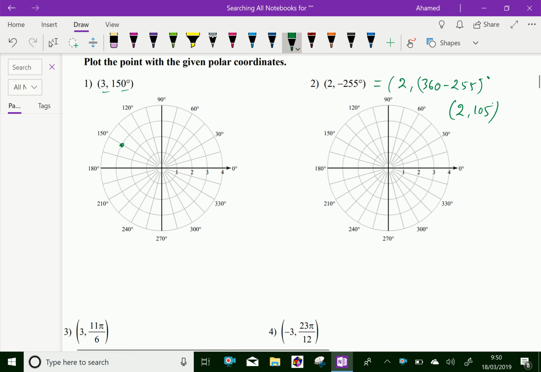So we have to take the radius 2 and come to 105 degrees. Here this is 105, because 120 plus 90 is 210, divided by 2 is 105. The point is this one.